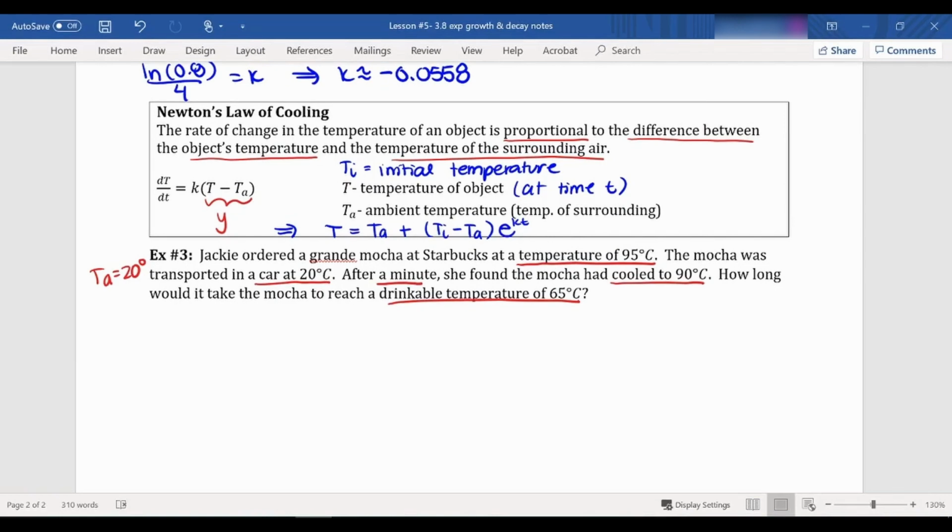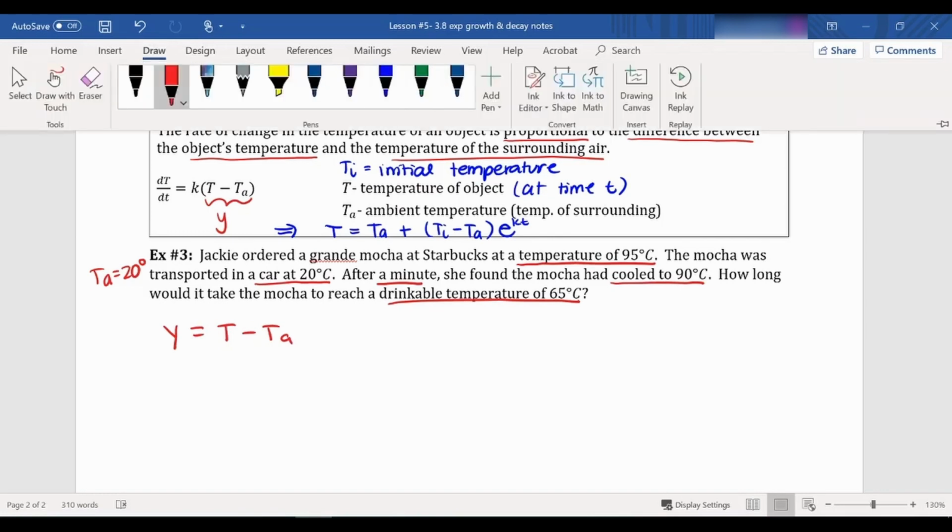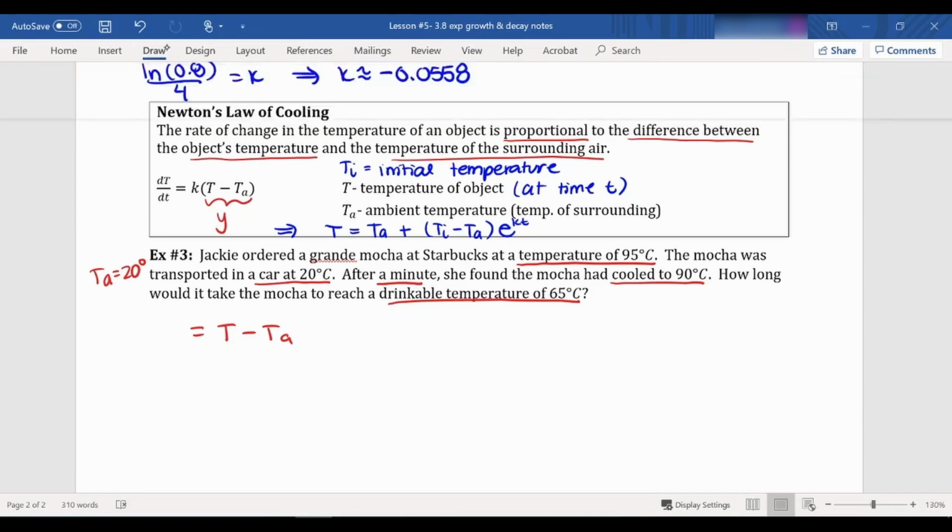Okay, so if we know that y is equal to T minus Ta, my temperature of the object at some time t, I'm going to rewrite this actually as y of t.